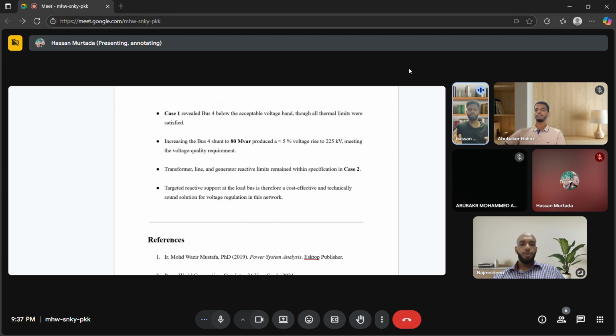So, just to wrap up, we built a 7-bus power system using per unit techniques. We identified a real undervoltage condition at bus 4, and we solved it using a local capacitor increase from 10 to 80 MVAR. All simulation files are available for review, and thank you so much for listening.